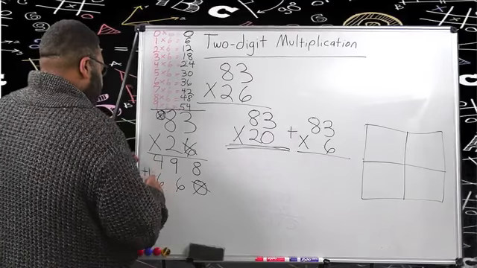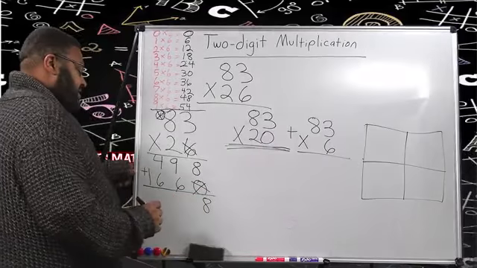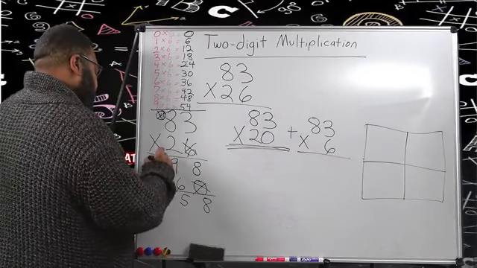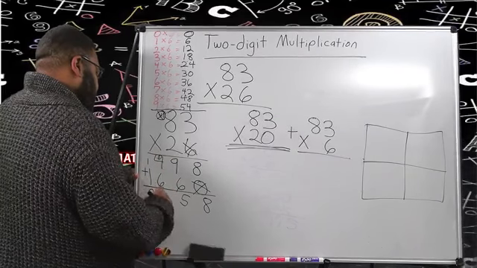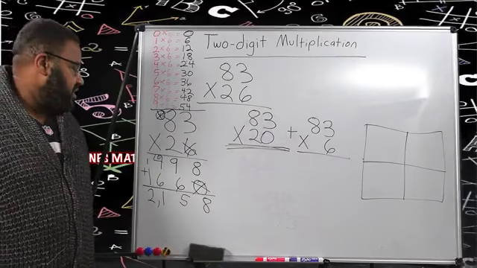And we're adding, that's 8. 9 plus 6, that's 15, carry my 1. That's 11, carry my 1, and that's 2. So this time, it's 2,158.